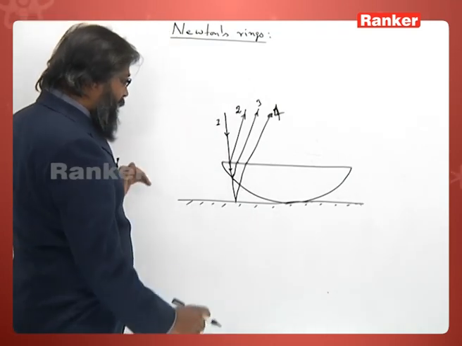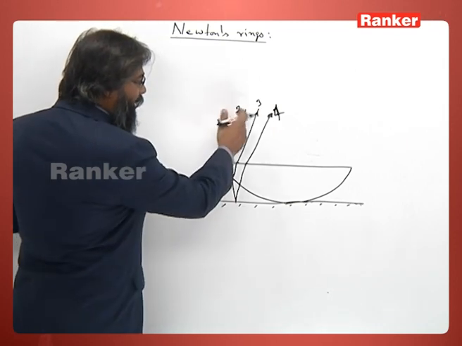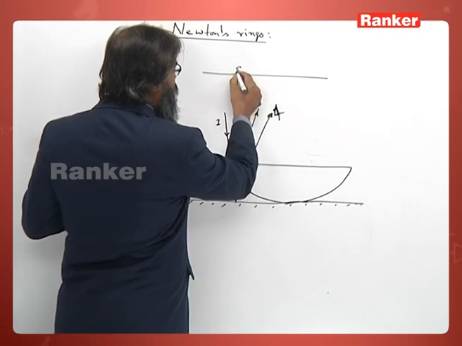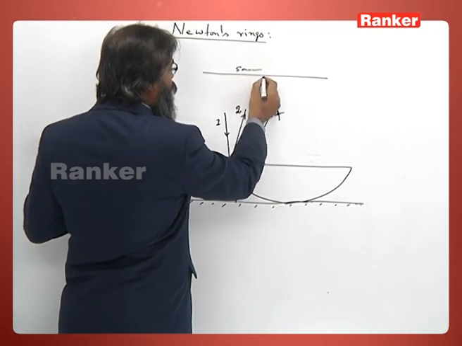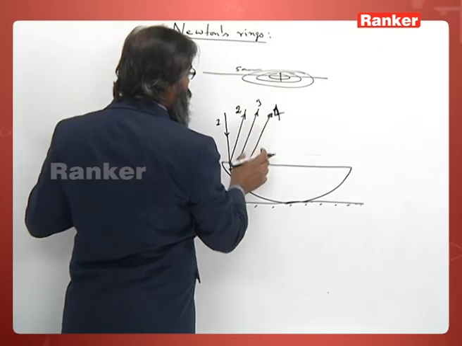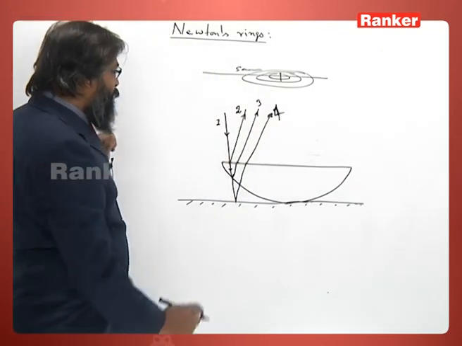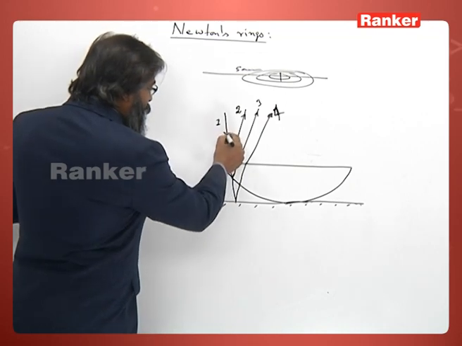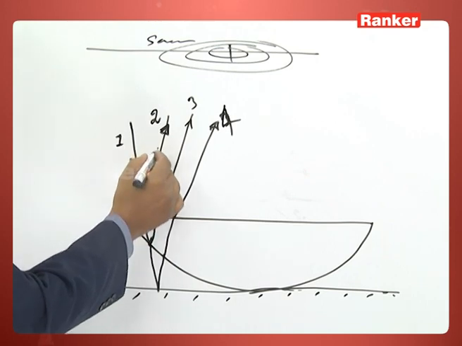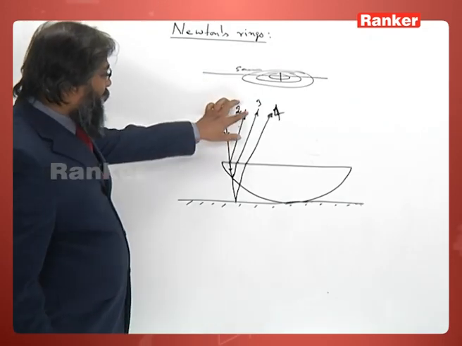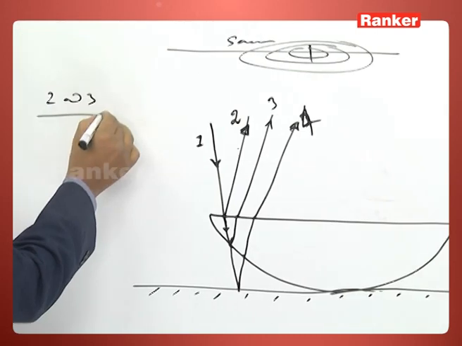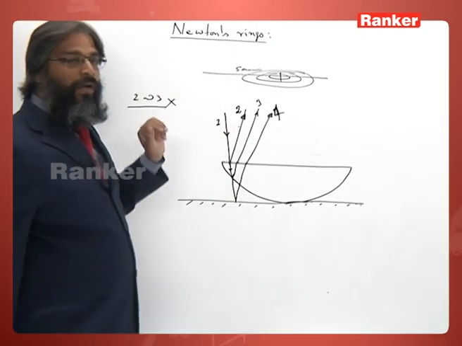Now let us see which rays will interfere and produce the interference pattern on the screen. This is my screen. Here they are going to form some rings. These are Newton's rings. So first of all, this is the incident ray, this is the reflected ray, this 2 and 3, they don't interfere. 2 and 3 will not interfere.